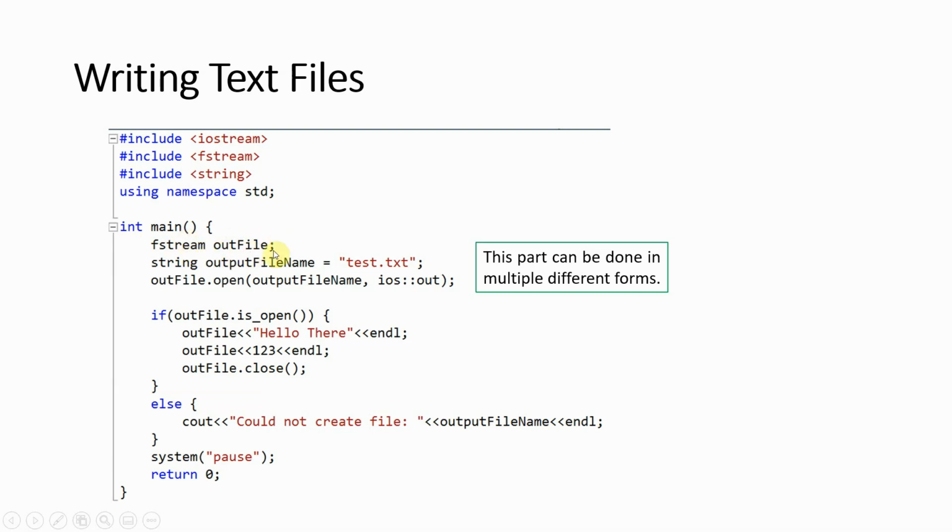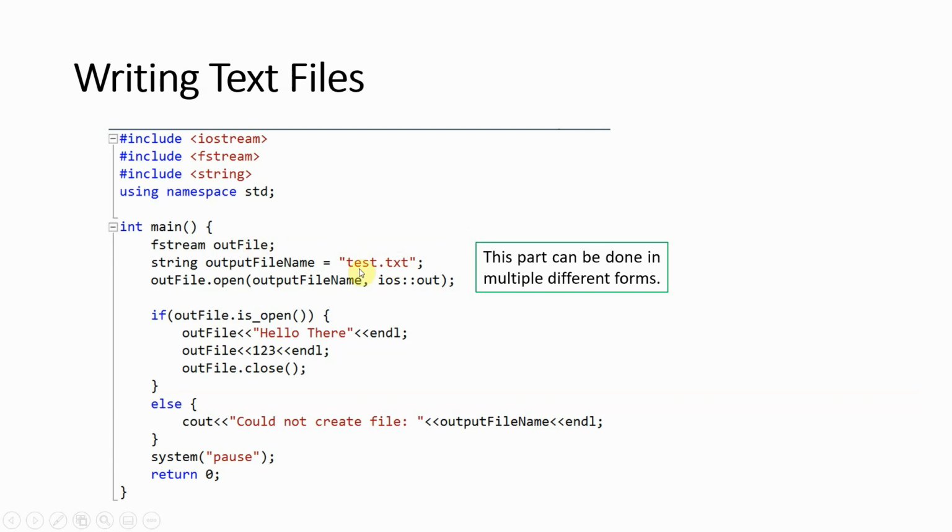We call it outFile. This is the name of the object that we associate with the file in our program. Our file in our system has a physical name. In this case, it's called test.txt.